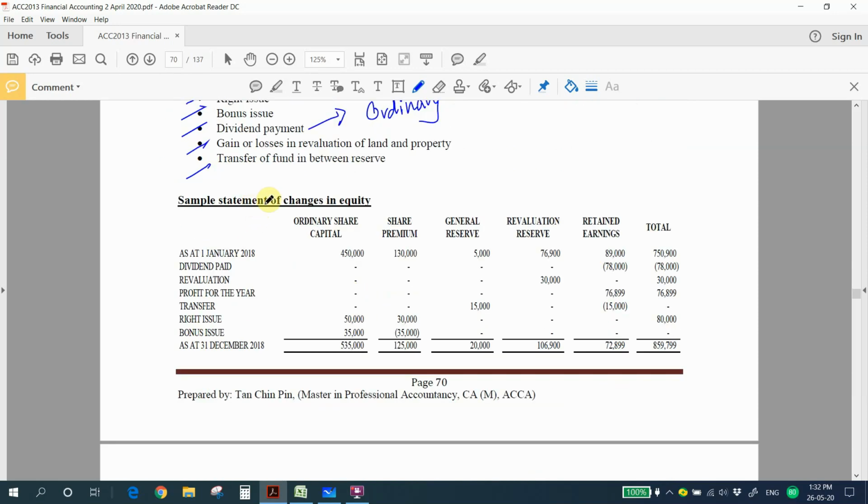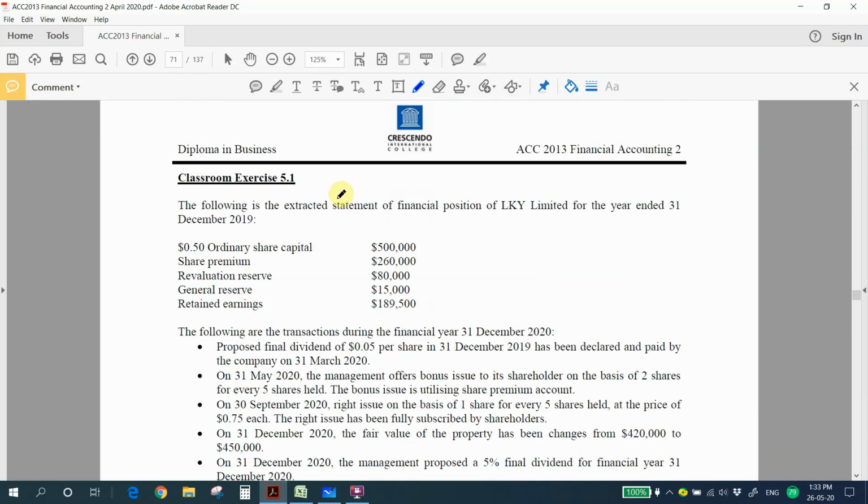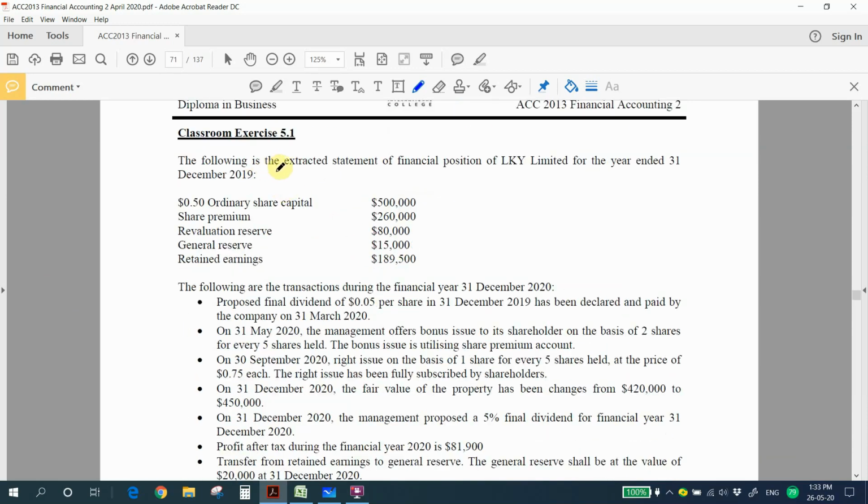So this is a sample of the statement of changes in equity. You can have a look. We will practice one exercise of the statement of changes in equity to let you become familiar with it. Classroom exercise 5.1. The following is the abstract statement of financial position of LKY Limited for the year ended 31st December 2019.